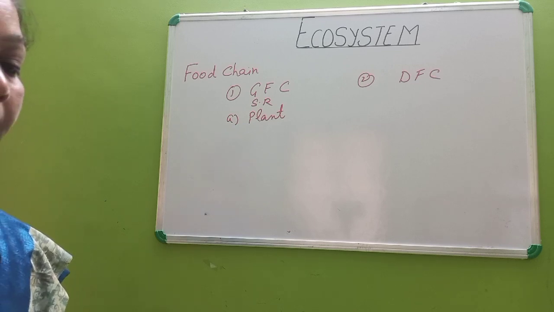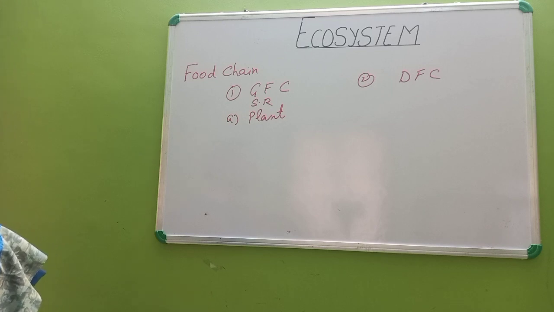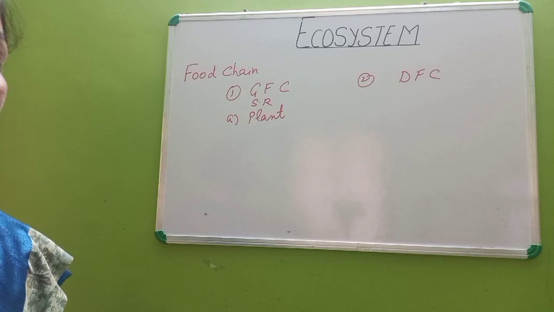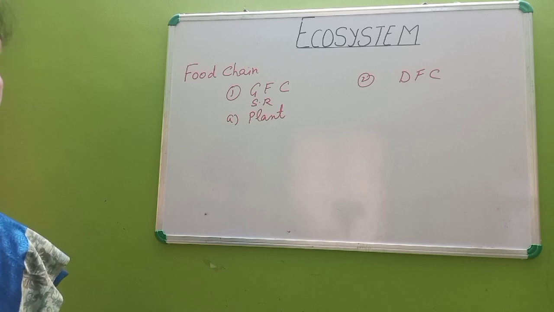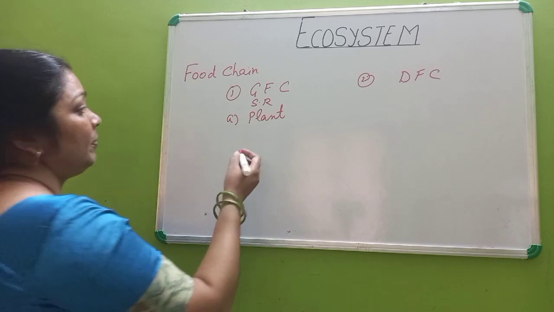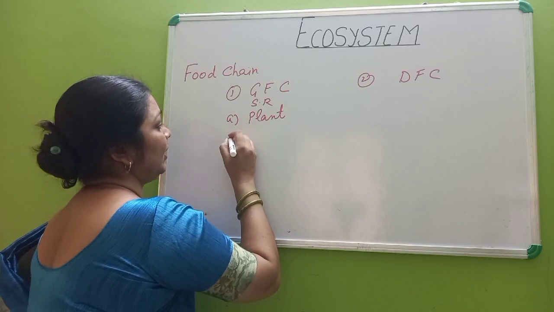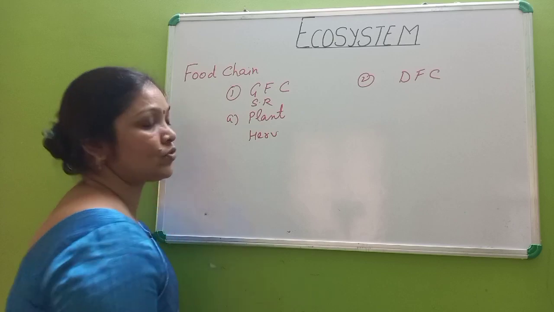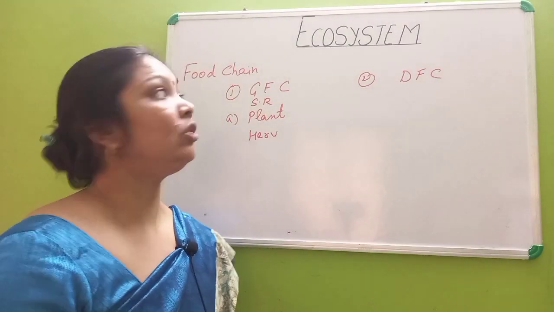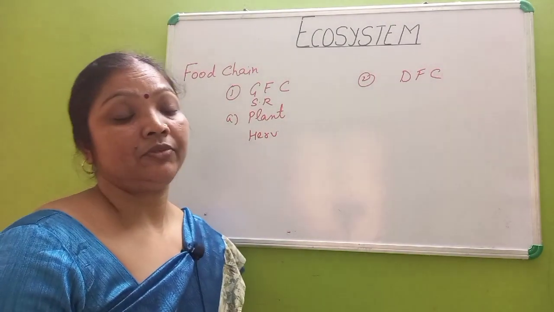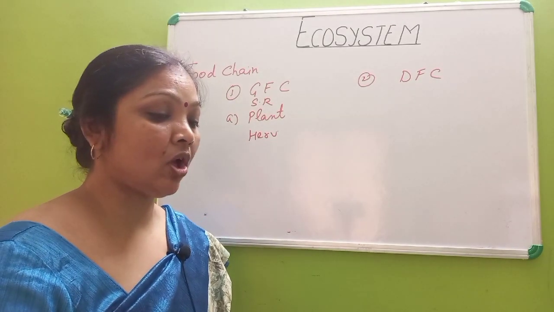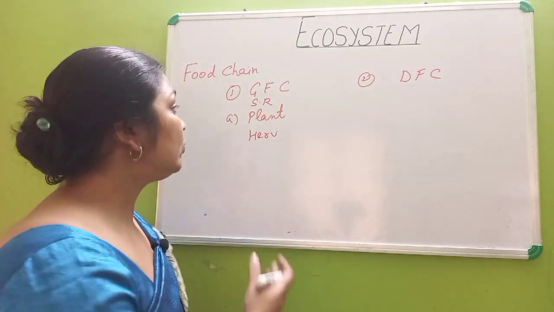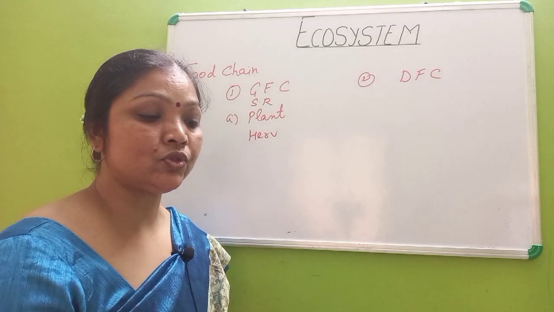From the first trophic level of the food chain, these synthesize their food material and this passes to the next trophic level, that is, the second trophic level, which comprises herbivores, or you can call it the primary consumer.